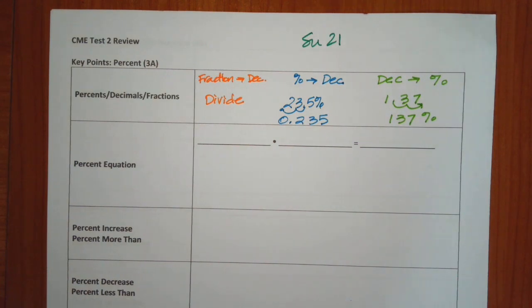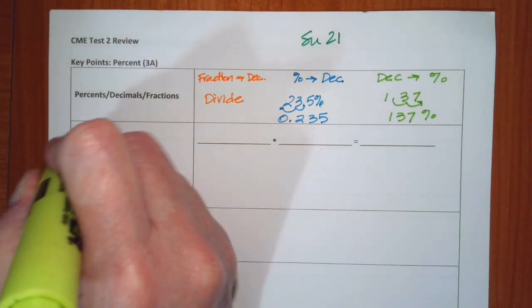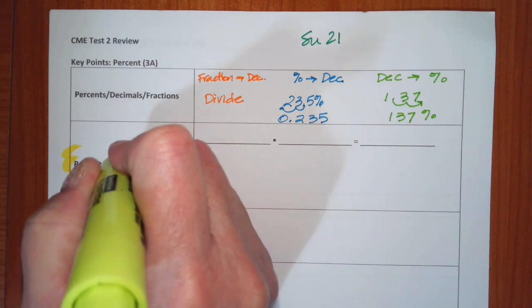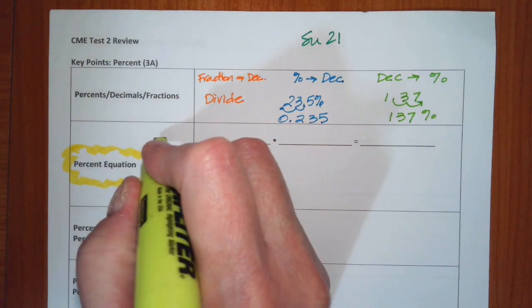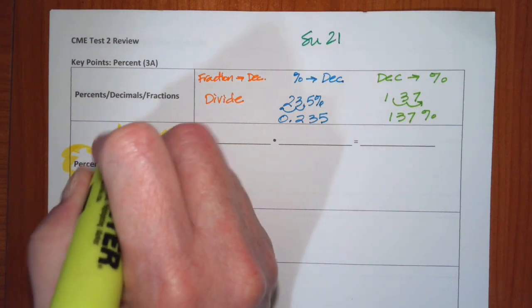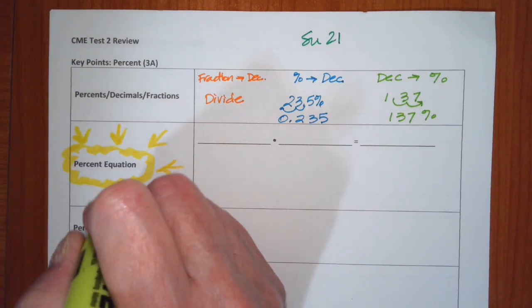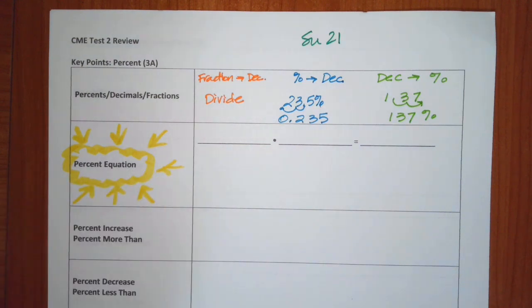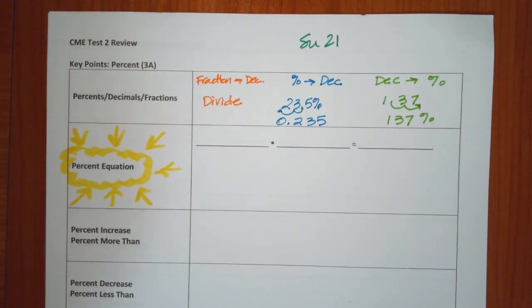Okay. All right. Well, now the next thing we talked about is the percent equation. This is so important. You need to know this. Any of you who are taking shortcuts, and you'll see in some of the examples that we do, you really, really need to learn this equation.